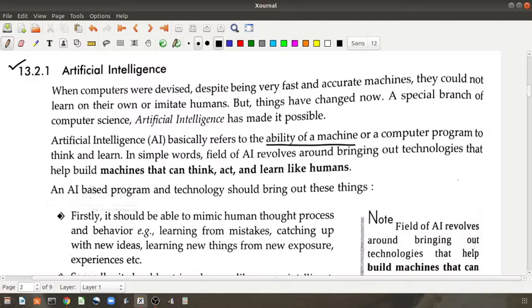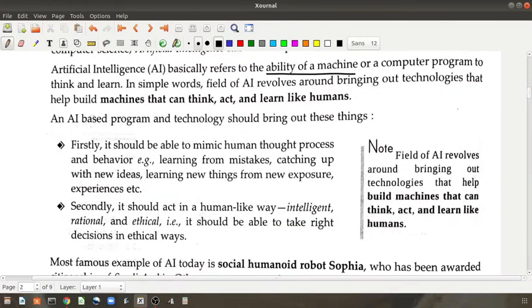It is at a huge level, but programming is just the stepping stone to that. So an AI-based program and technology should bring out these things. Firstly, it should be able to mimic human thought processes and behavior, like learning from mistakes, catching up with new ideas, learning new things from new exposure, etc.